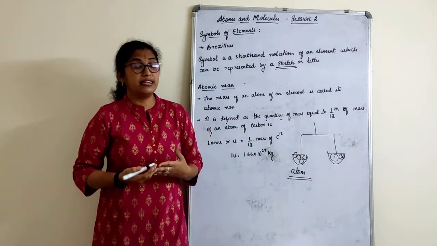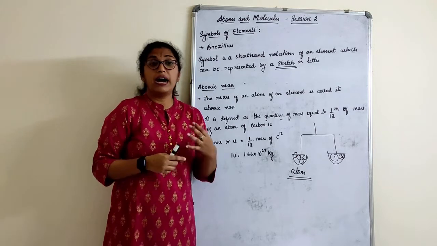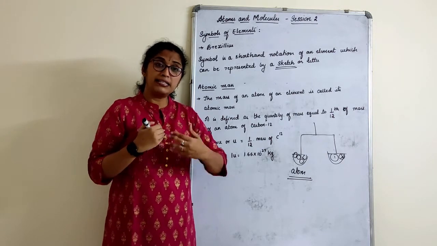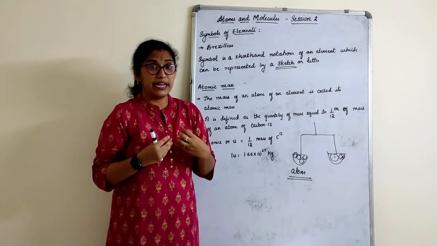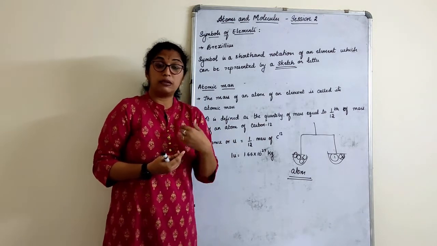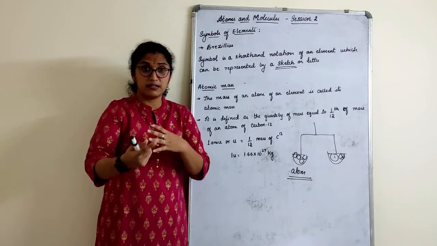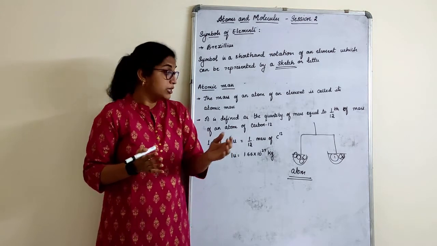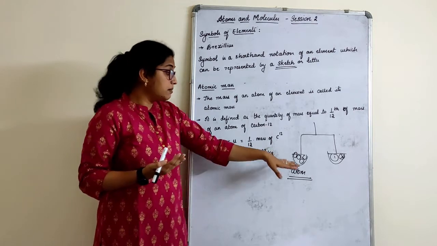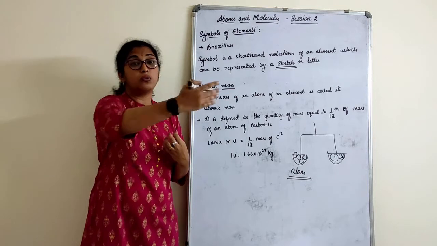Today if I say, okay, I am a few inches taller than my sister and a few inches shorter than my brother, do I compare myself to somebody else to tell my height? If I want to know whether I am tall in my family, how do I know? I need to compare myself to my family members, my brothers, my sisters, my siblings, right? We do that. So to check something, we need to have a comparison. Similarly here, to check the mass of an atom, we need to compare it with something else.